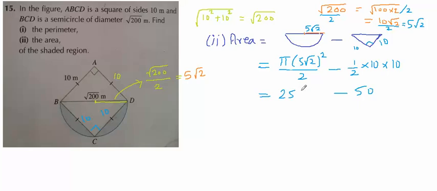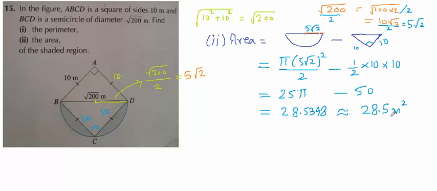You can use a calculator. So the final answer in decimal is 28.5349398, or if we round it to 3 significant figures, it is 28.5 square meters, because in this case the length is in meters.